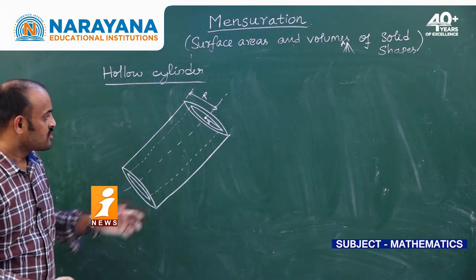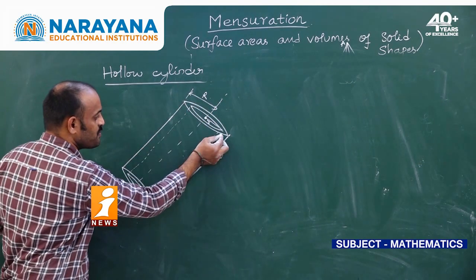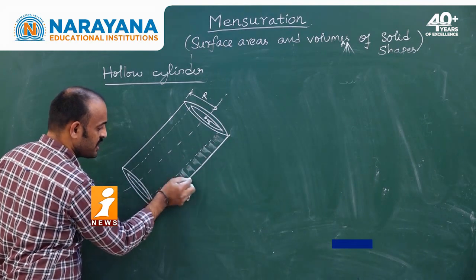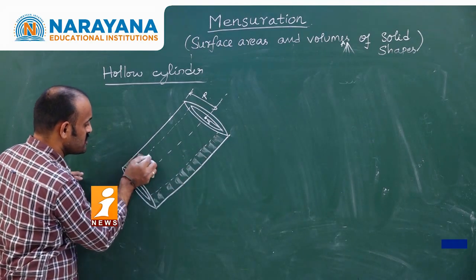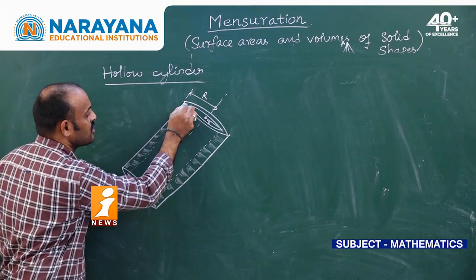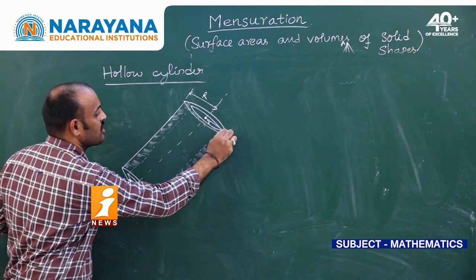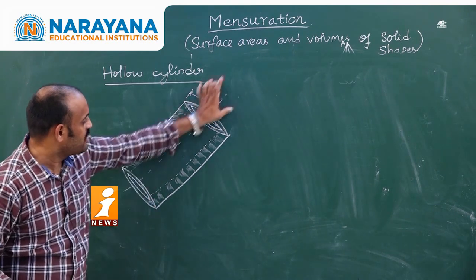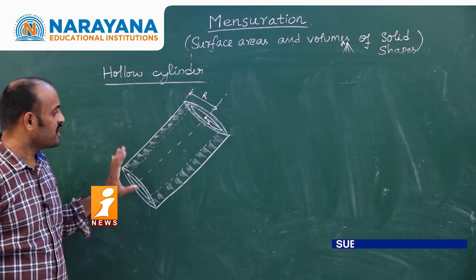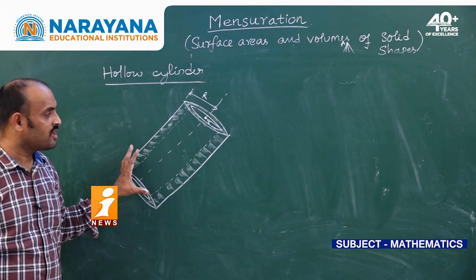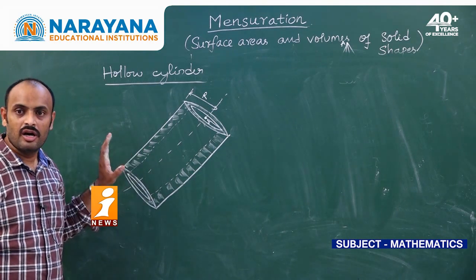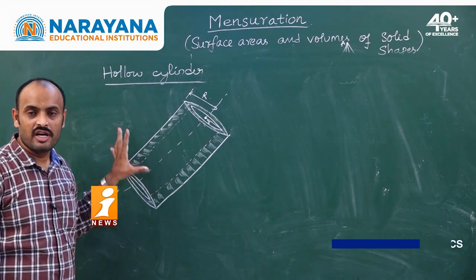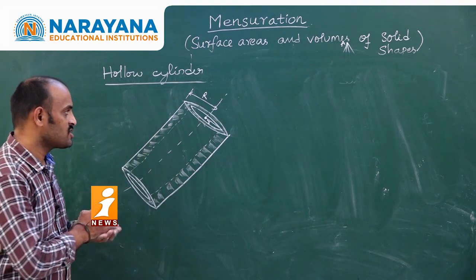Okay, so in a hollow cylinder, this part will be of metal or whatever it is. This part will be hollow. How to find the inner surface area of a hollow cylinder or outer surface area of a hollow cylinder, and how to find the volume of the hollow cylinder?